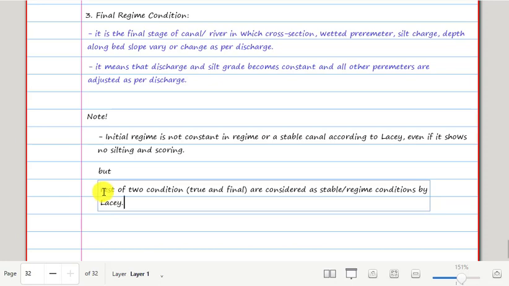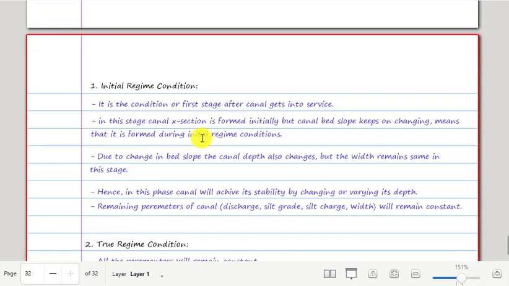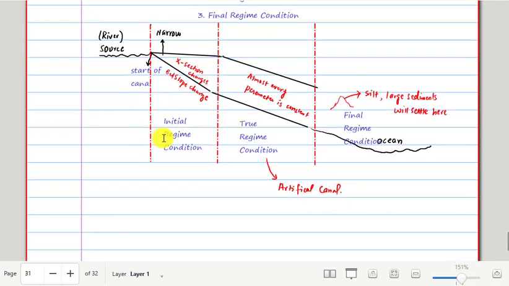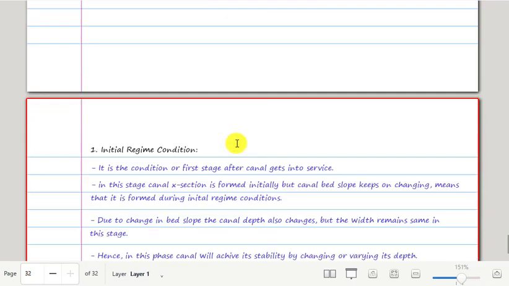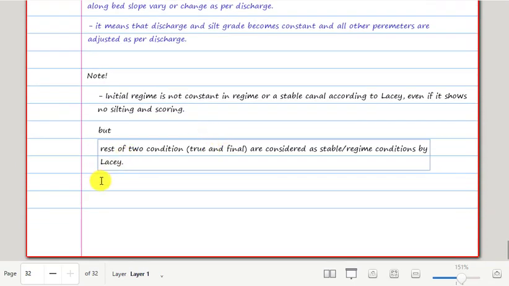So you can say that according to Lacey, he has divided it into three phases: initial, true and final. He said that in the initial regime condition, even if there is no silting and scouring, we cannot call it a regime or stable condition, but you can find the regime conditions in true and final stages. This is what Lacey said.